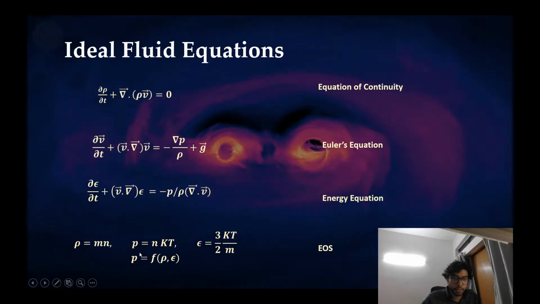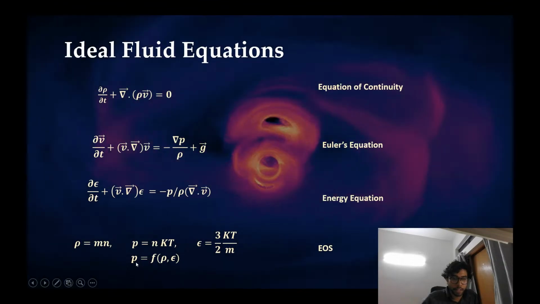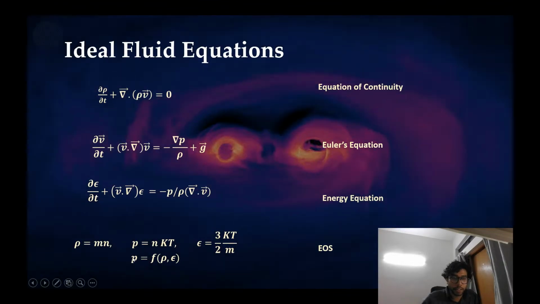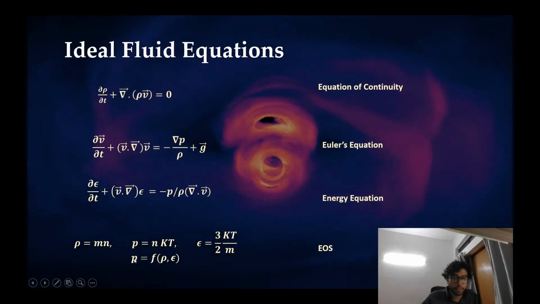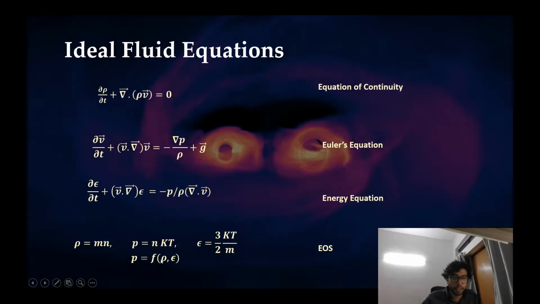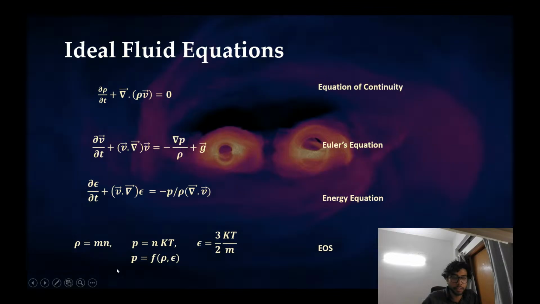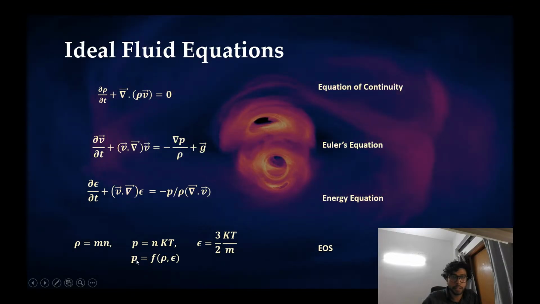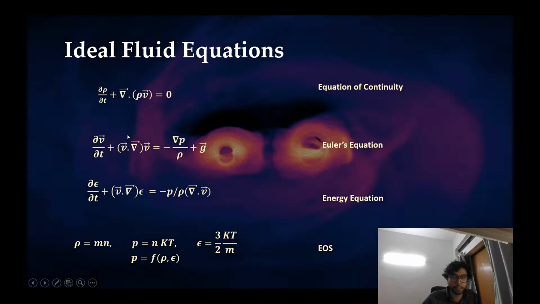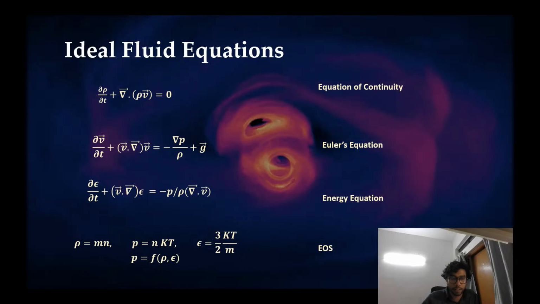For any fluid, even if it's not ideal, you can in general obtain an equation which relates the pressure to the density and internal energy. If you obtain this equation, then you have a complete set of six equations and six variables.